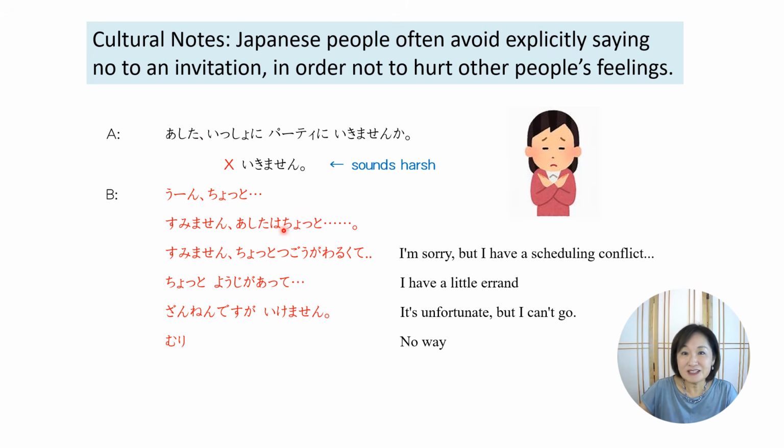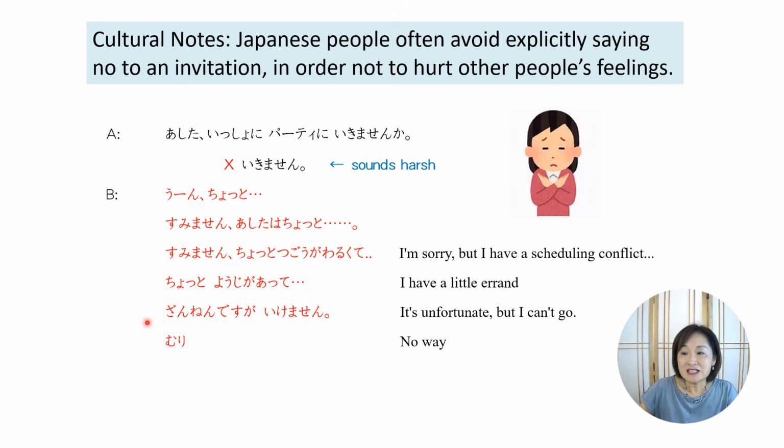So, kind of hinting something like that. Or I can say, すみません、ちょっと都合が悪くて。都合が悪い means I have a schedule conflict. You can also say, ちょっと用事があって。用事 means errand. So I have a little errand to run.